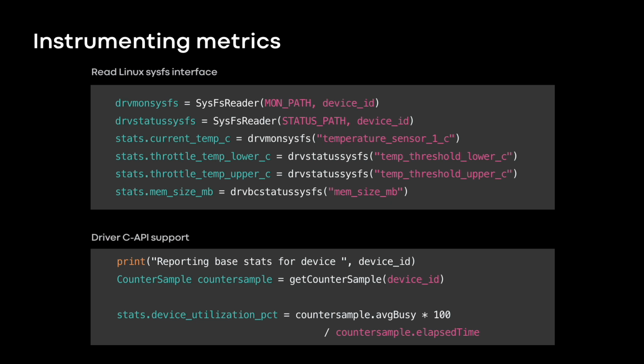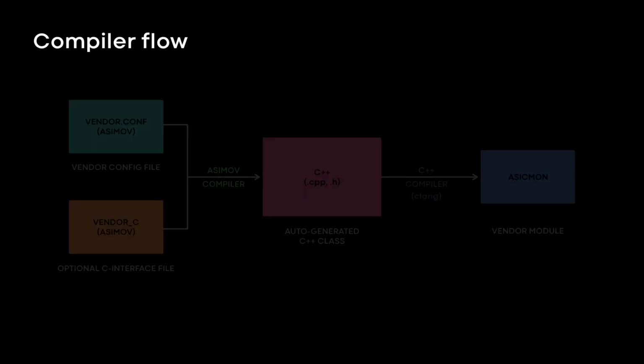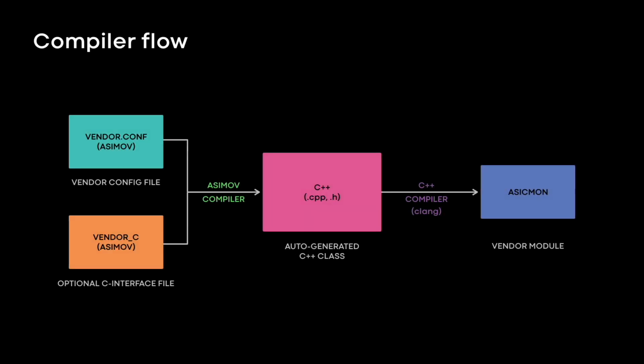This is putting a formula over the metrics, combining the use time and the total time, and it gives us an idea of how busy an accelerator really is. So we write config files using Asimov, and then we built a compiler that takes this config file and converts it into optimized C++ code that handles all of the good things like thread safety and caching and so on. And then this eventually gets linked into the Asicmon library.